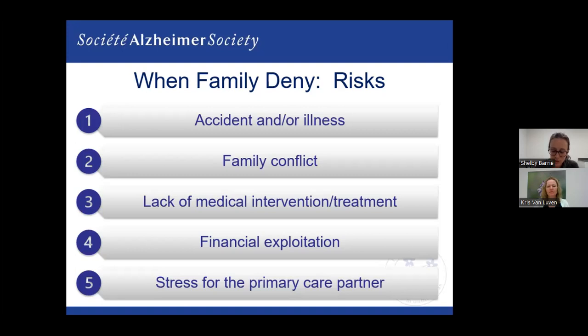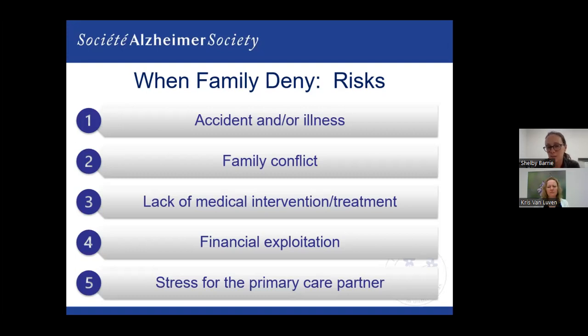Financial exploitation. So we're all at risk of falling victim to scammers. However, a person living with dementia may be more prone to falling victim to fraud because their reasoning abilities can deteriorate over time. So their ability to make reasonable decisions, and decisions that are in line with their character, may change.